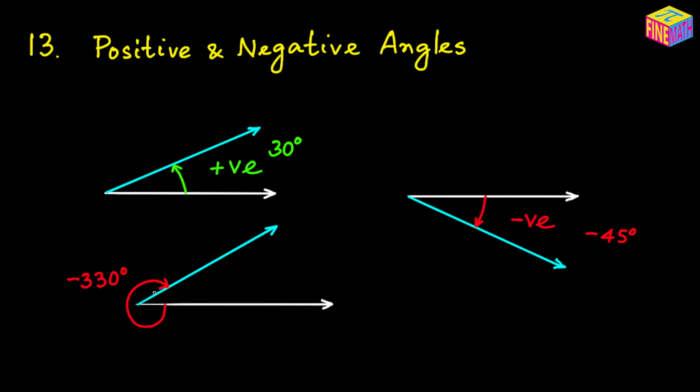Finally we reach a position where we create a negative 330 degree angle. If we assume that this internal angle right here is 30 degree, then the exterior angle there is obviously 330 degree because the total will be 360 degree, and this 330 degree angle will be called a negative angle because the terminal side has been rotated in a clockwise direction.